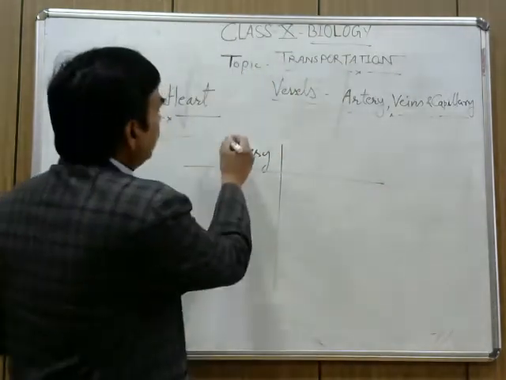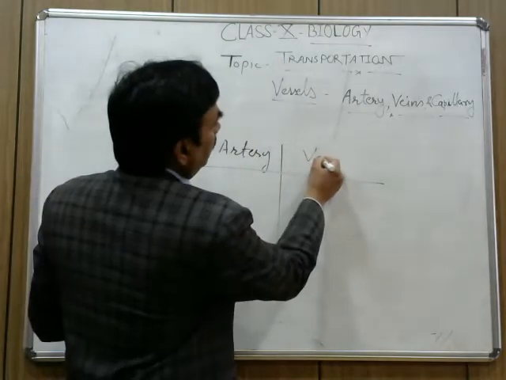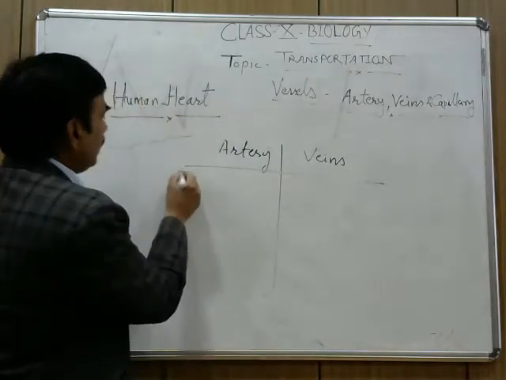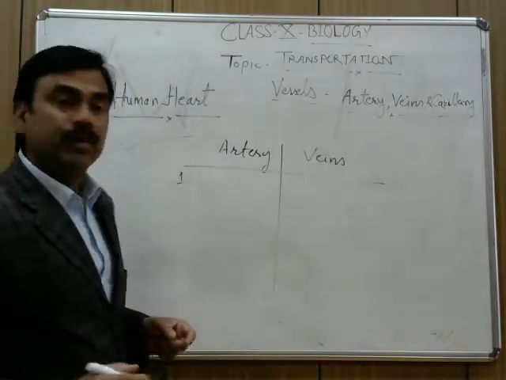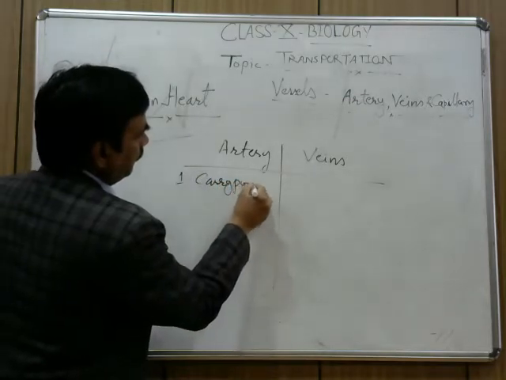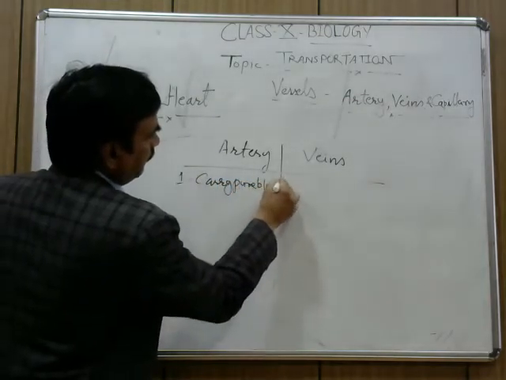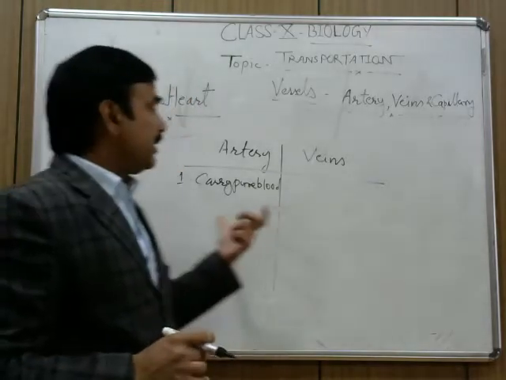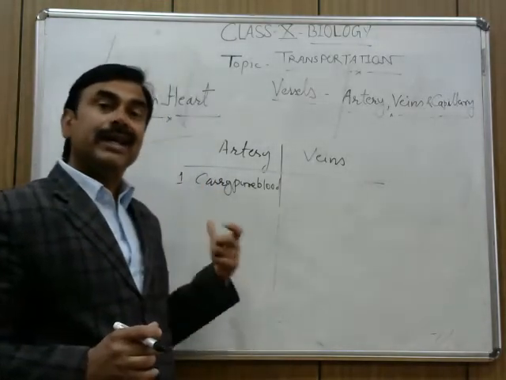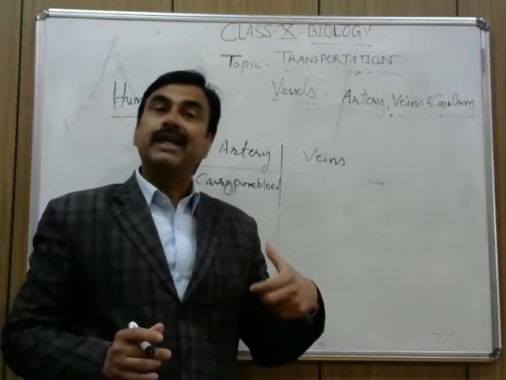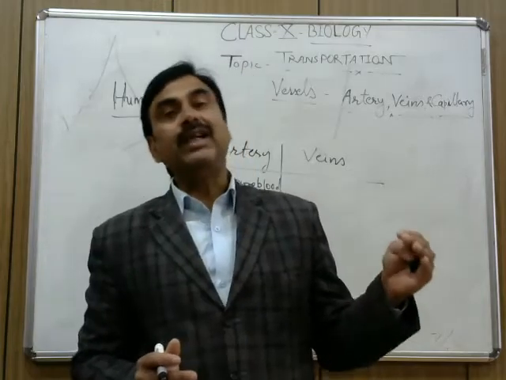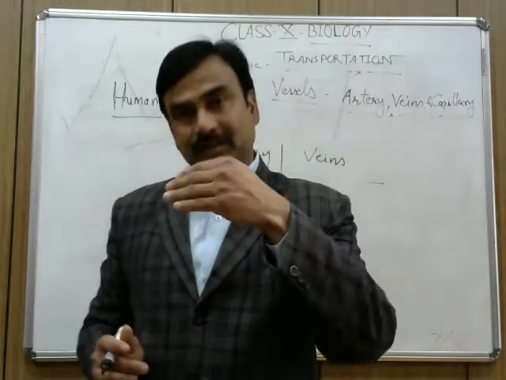So artery and veins. The first one is artery carry pure blood. Arteries always carry, whether it is the pulmonary artery or any artery, the pure, oxygenated blood from the heart to the other parts of the body.